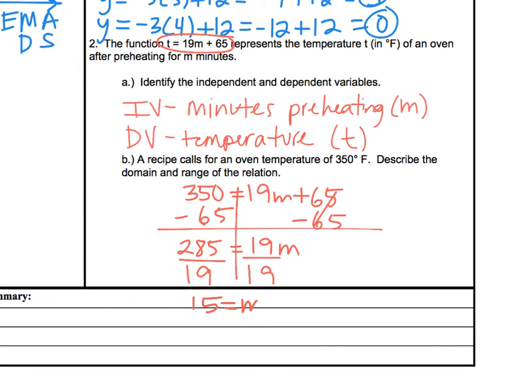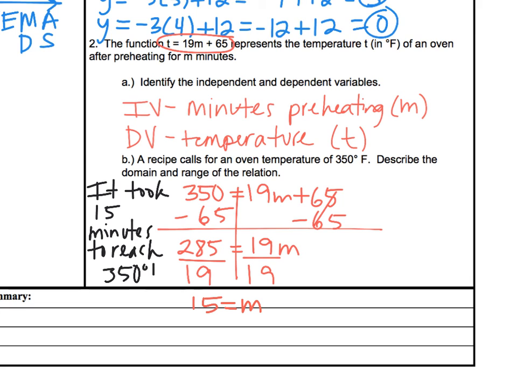We're going to write a little sentence to help us understand what that means. So 15 was M, and we just put 350 in the T spot. So what is a sentence I could say? Let's write that. Took 15 minutes to reach 350 degrees Fahrenheit.